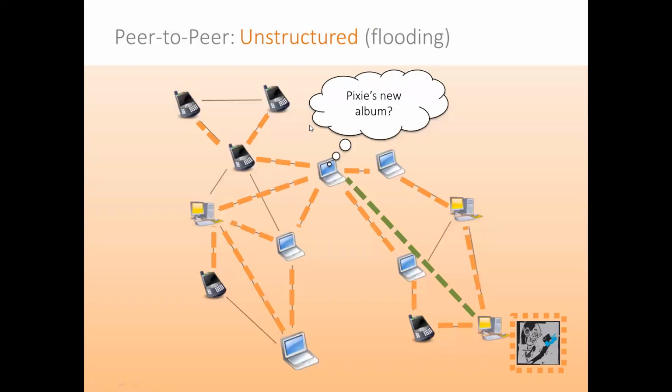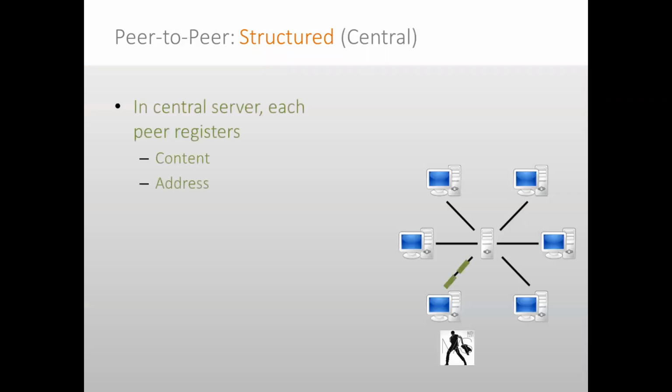Okay, so in the last slide, we saw that in an unstructured peer-to-peer system, it's difficult to find the peer with the correct data. We have to send a lot of messages. So another option is to use a structured or central peer-to-peer, where a central node stores an index of which peers contain which content and their addresses.